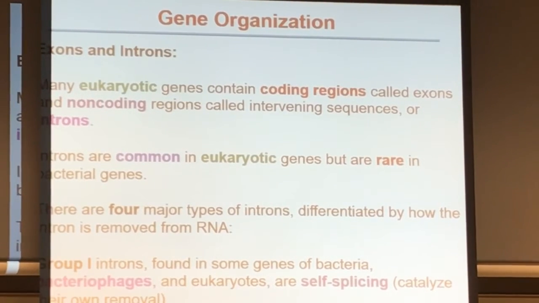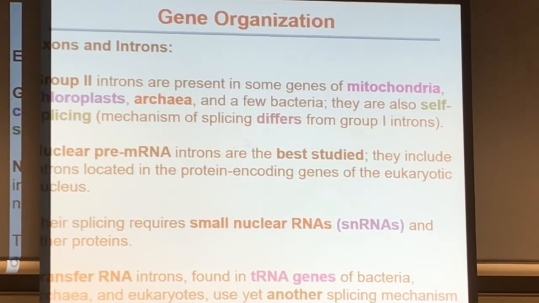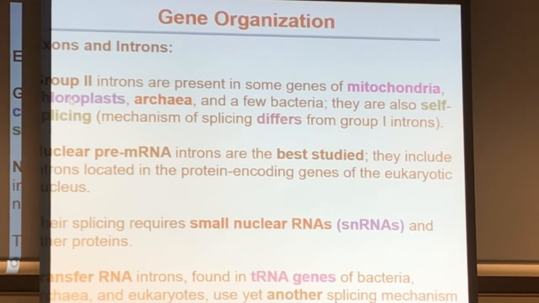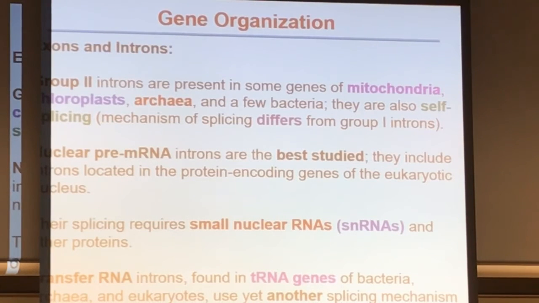Now, group 2 introns are found in mitochondrial genes and chloroplasts. These group 2 introns also have the capability to splice themselves out of the messenger RNA, but the way that they are spliced out is different from how the group 1 introns are spliced out.